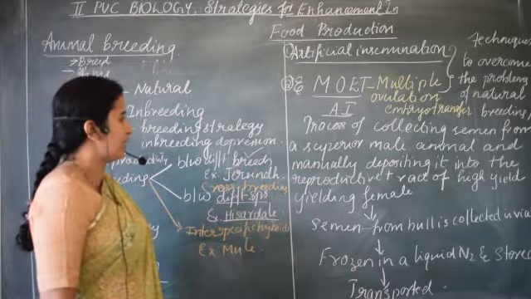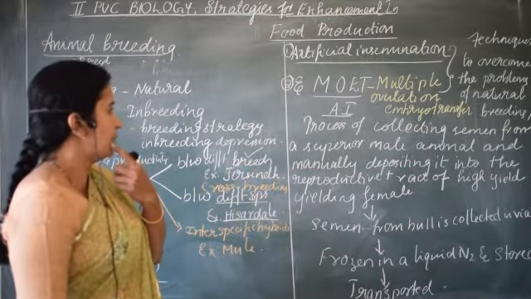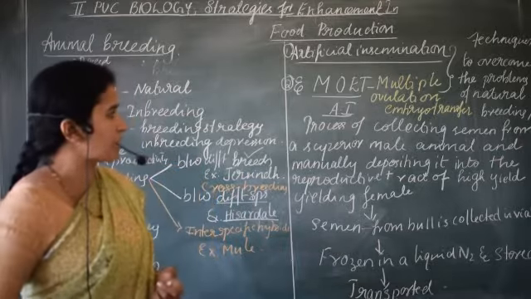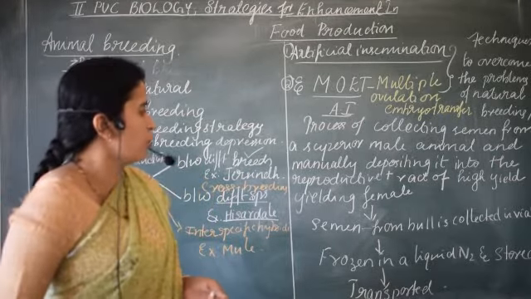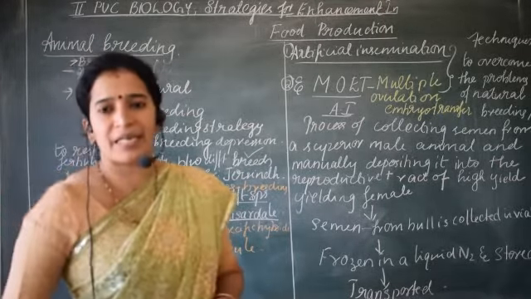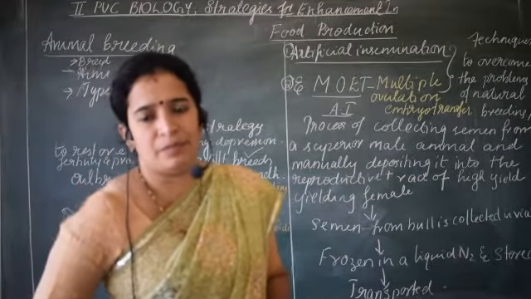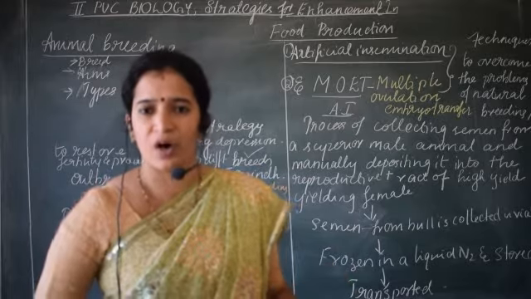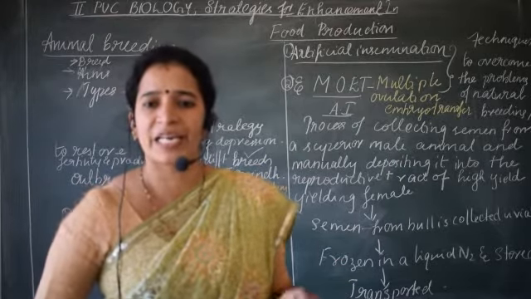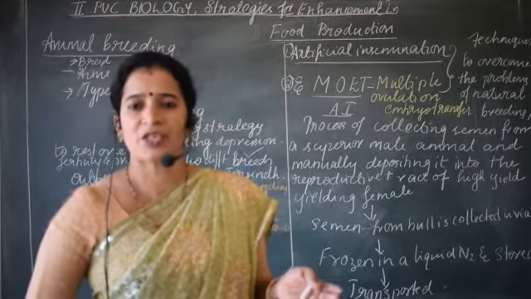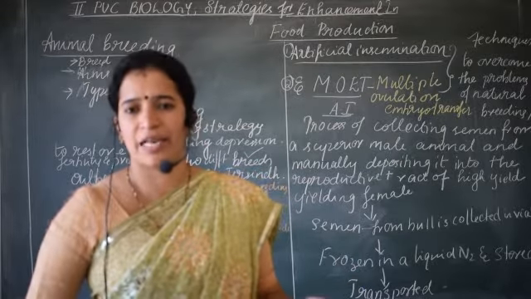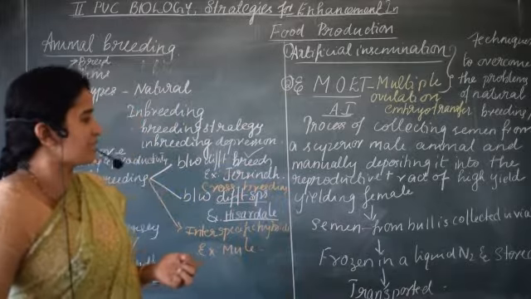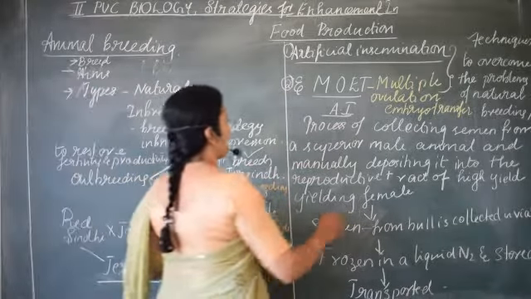Here, MOET is used for increasing the herd size, whereas artificial insemination is used for inseminating the cow which is geographically separated, or between two breeds, which also has to increase the disease resistance value in the new progeny. Artificial insemination, in short, is called AI.